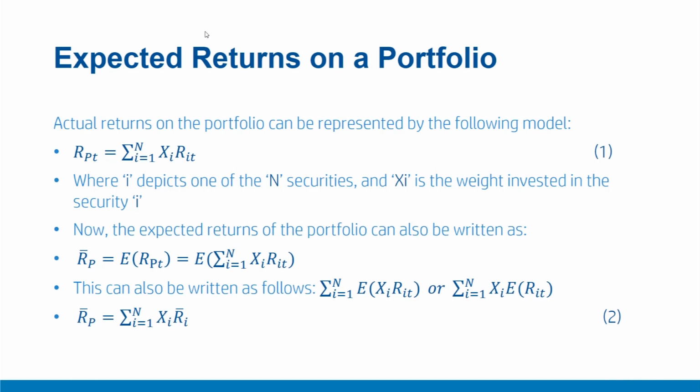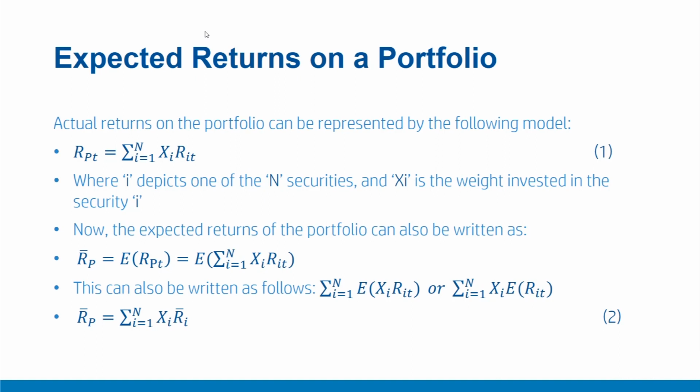Now consider the actual return on a portfolio for period t as shown here. R_Pt equal to summation x_i R_it over i equal to 1 to n, where i depicts one of the n securities and x_i is the weight invested in the security i. Now the expected returns of the portfolio can be easily written as R_P bar equal to expectation of R_Pt, or expectation of summation x_i R_it over i equal to 1 to n.